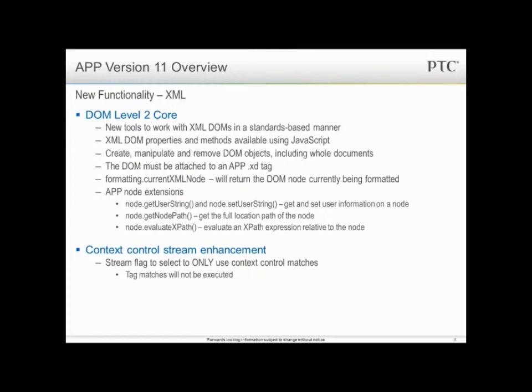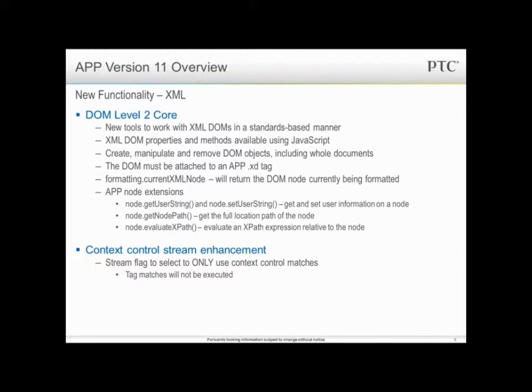As far as XML is concerned, a big area of work, in fact a lot bigger than we originally thought, was to expose DOM level 2 core functionality to allow users to use JavaScript to access the XML DOM which is being held by APP while it's being formatted.